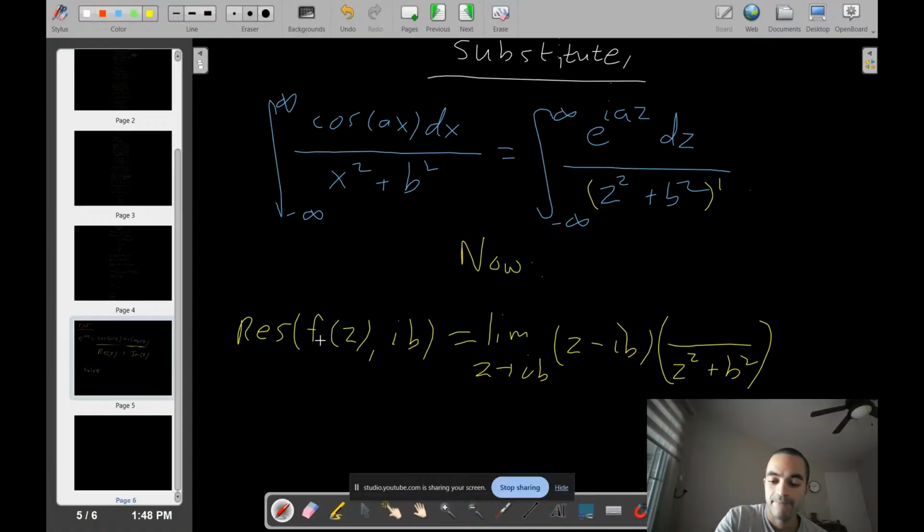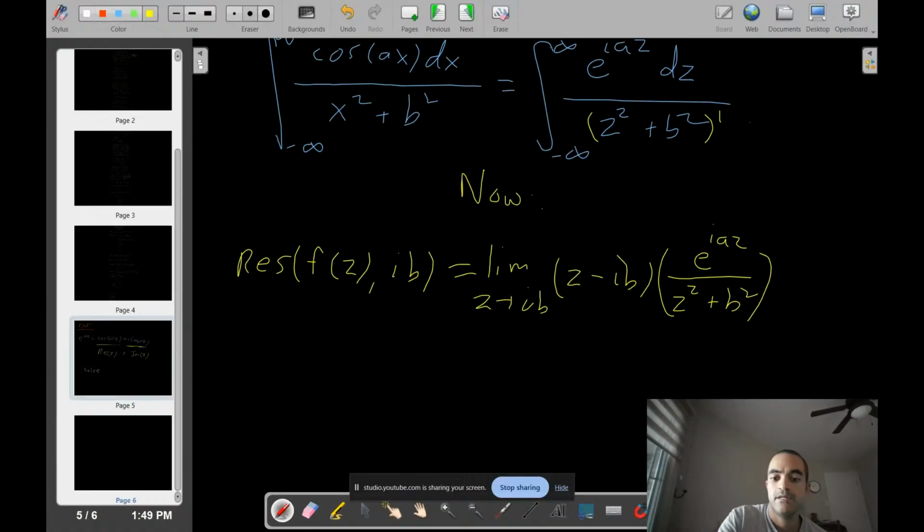So f of z is e to the iaz divided by z squared plus b squared. Then we simplify here, take the limit as z approaches ib, of z minus ib times e to the iaz divided by z squared plus b squared, which is z minus ib times z plus ib when you factor out the difference of squares.